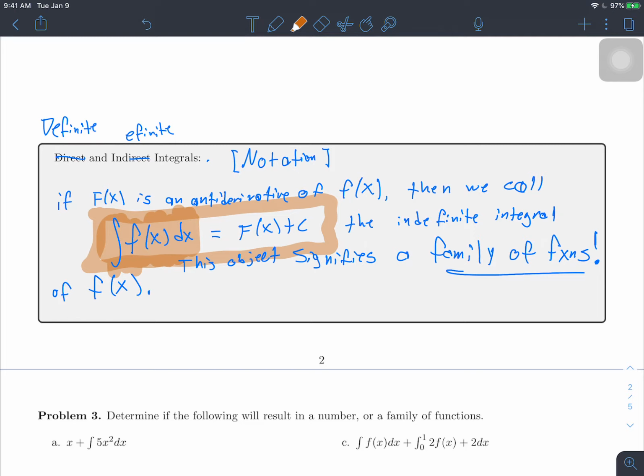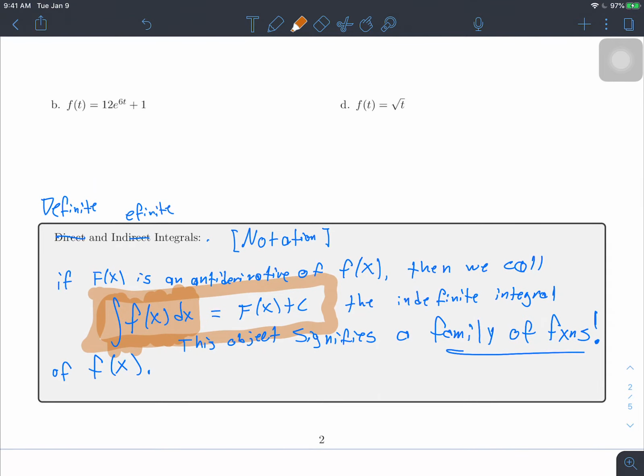Okay? So this is going to be a little bit confusing because we just learned that the integral from a to b of f of x dx is the area under the curve from a to b. And now I'm telling you that this is way, way, way, way, way different than integral f of x dx like this.